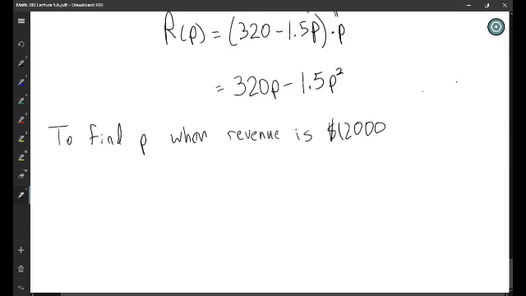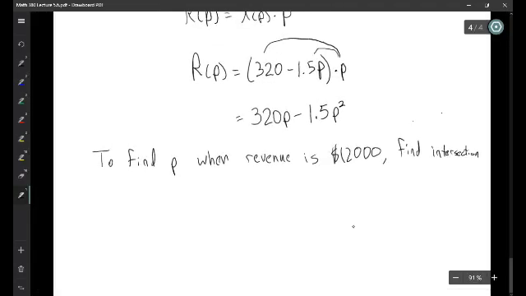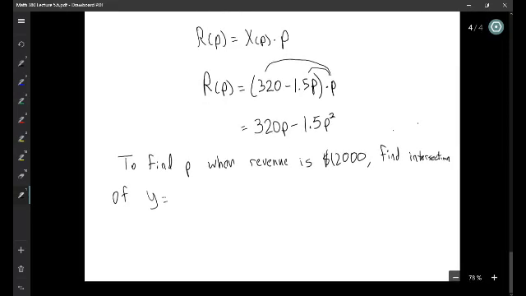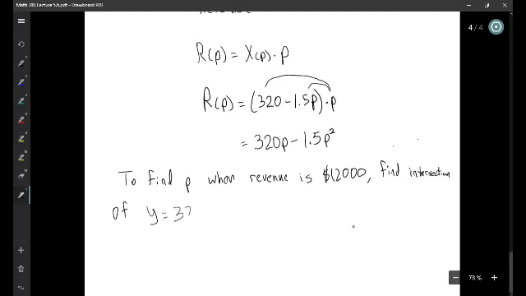To find P when revenue is $12,000, find the intersection of y equals your function, 320p minus 1.5p squared.